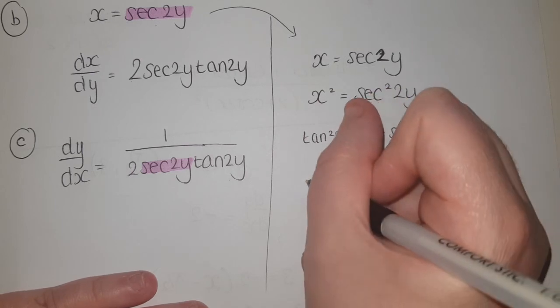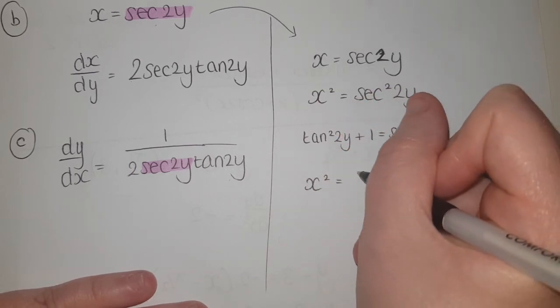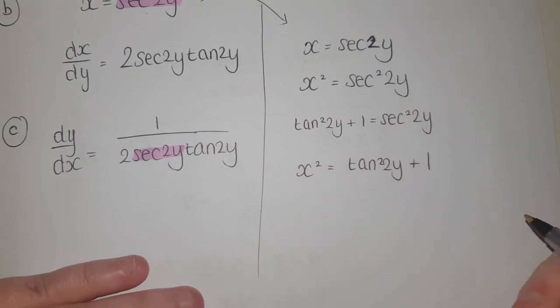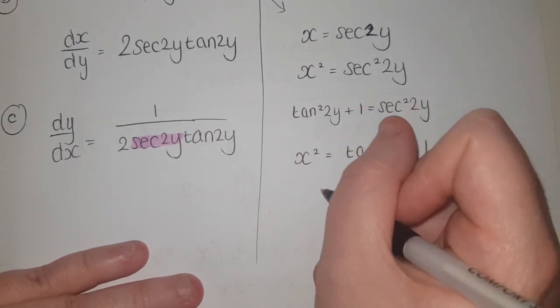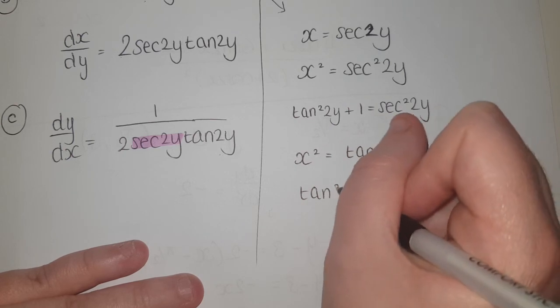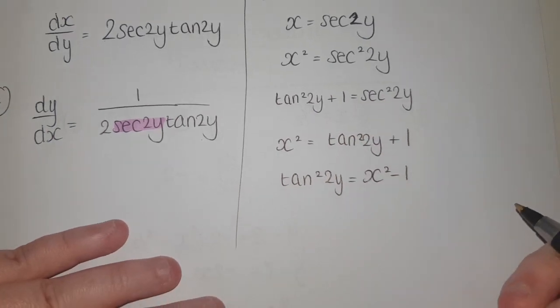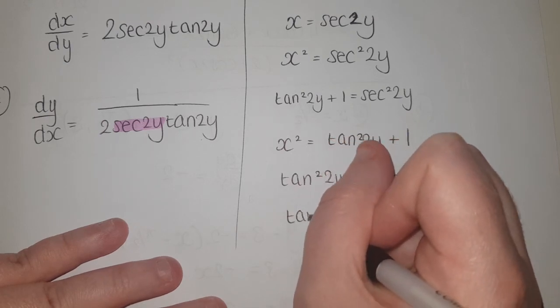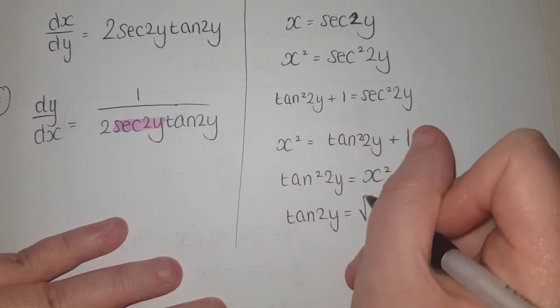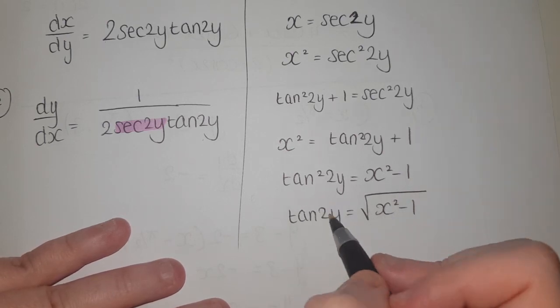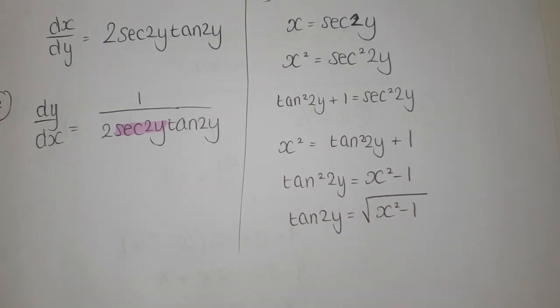So that means I can say x squared is actually equal to tan squared 2y plus 1. And so I can say tan squared 2y is x squared minus 1. And then if I square root both sides, I get tan 2y is the square root of x squared minus 1.